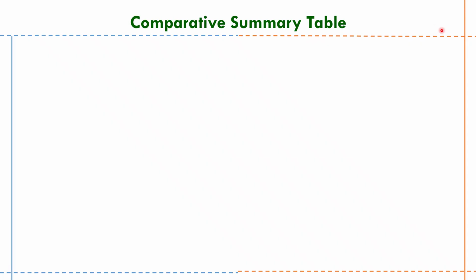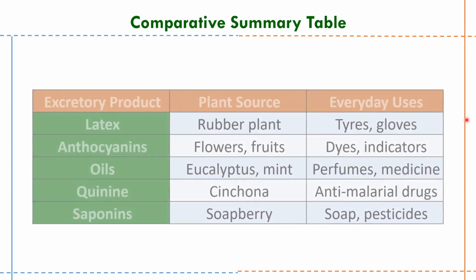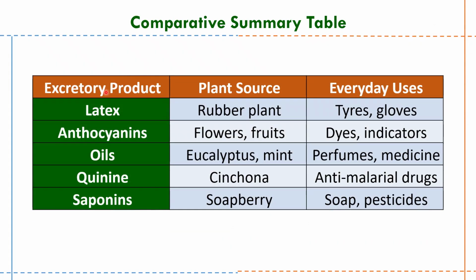Comparative summary table. Excretory product, plant source, everyday use. Latex is found in rubber plants and it is used in making tires and gloves. Anthocyanins: the source are flowers and fruits. They are used in making dyes and indicators.